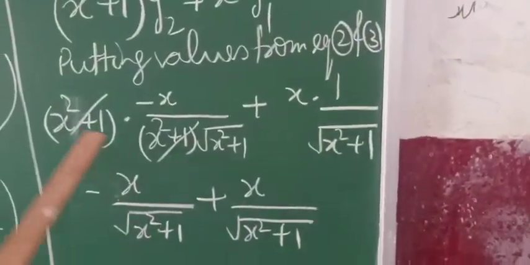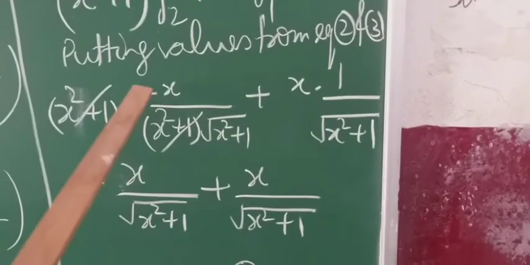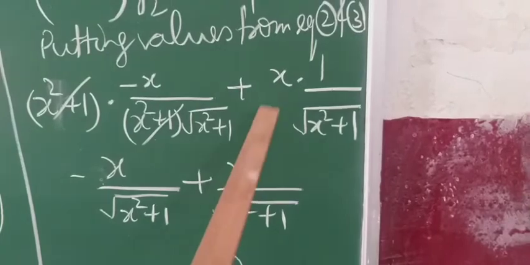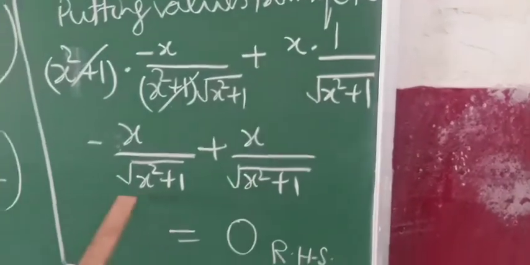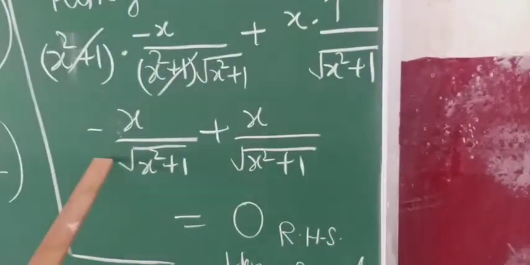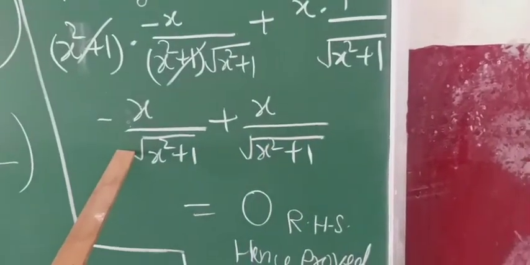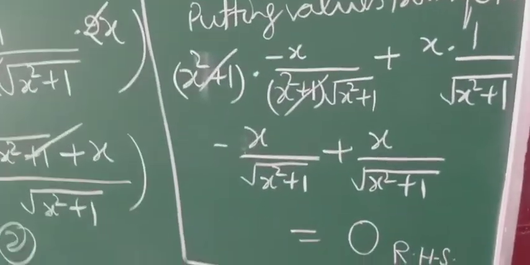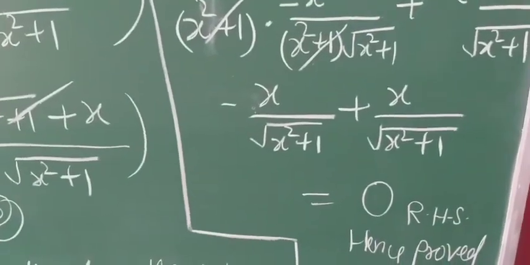So x square plus 1 and x square plus 1 will be cancelled, leaving minus x upon root (x square plus 1) plus x upon root (x square plus 1). Both are equal and have different signs, that's why both will be cancelled. Answer 0. Okay then students, have a nice day.